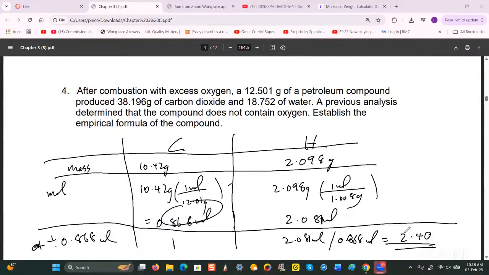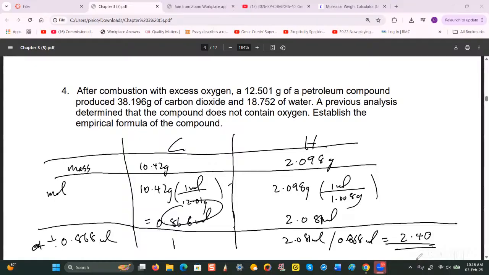Now, again, 2.40 is a number that is not close to an integer, so we can't just round off to the nearest integer, right? So in this particular case, we have to play with some numbers, because we have to multiply the 2.40 by an integer, which converts it to an integer.